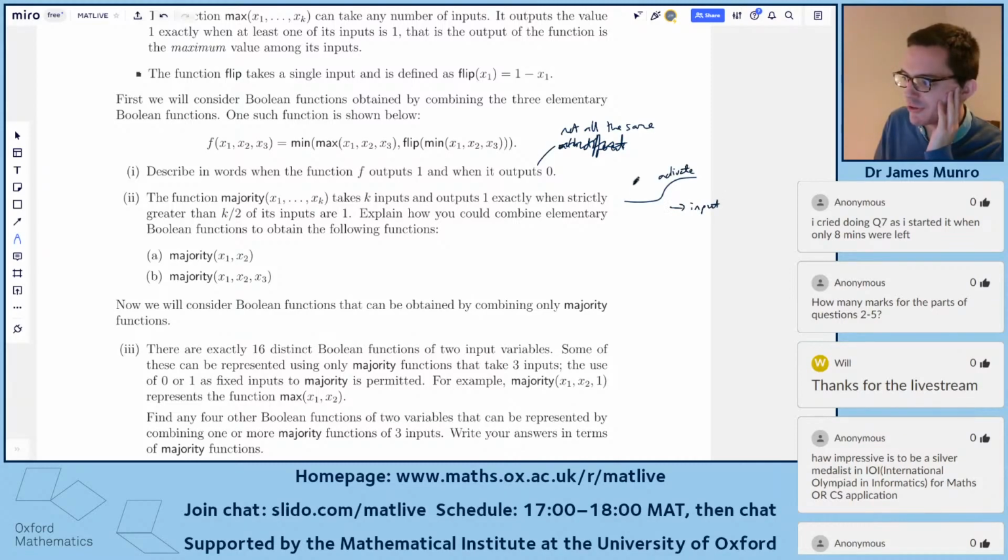This is like your output. At some point this suddenly starts activating. Maybe this is like a neuron firing, that as you increase your input, it suddenly switches on. Here it looks at all of these inputs, and when strictly more than half of them are 1, it switches from being 0 to 1.